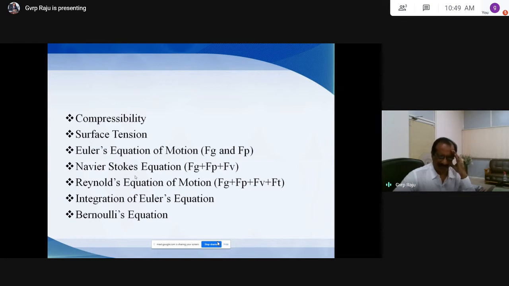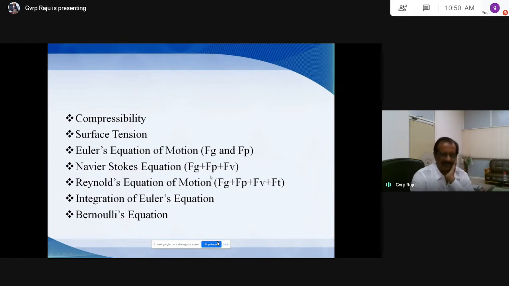So the Reynolds equation of motion includes gravity force, pressure force, force due to viscosity, and force due to turbulence. If you neglect surface tension and compressibility and consider these, then you can say that it is the Reynolds equation of motion.